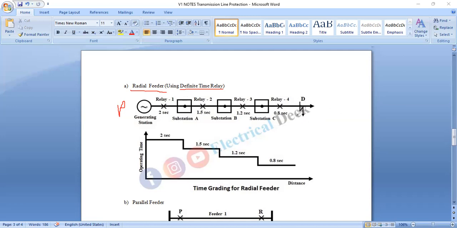To achieve this, the operating time of the relay is adjusted starting from the far end of the feeder.